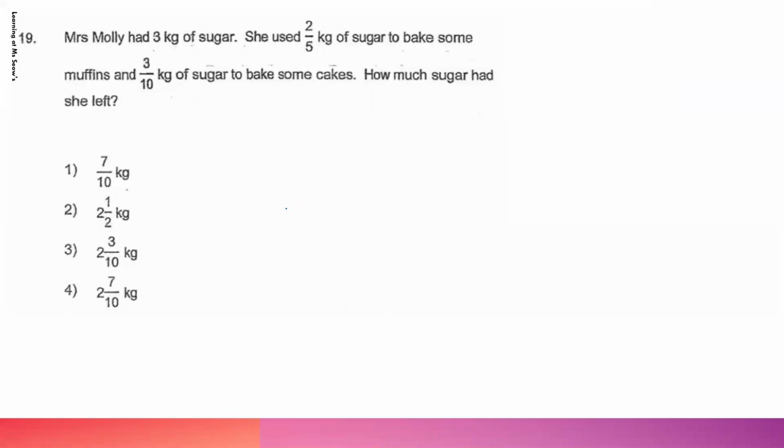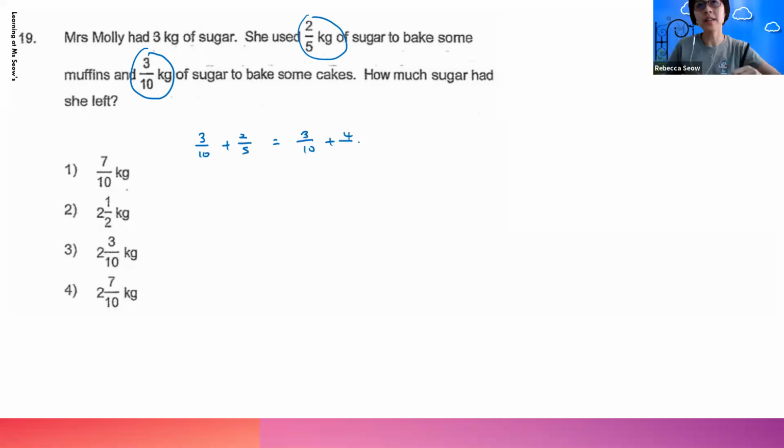3. Yeah. Okay. 3 also. Answer is 3. Okay. All right, let's take a look and see. Or maybe any one of you would like to share this? Because she used 2/5 kg of the sugar and 3/10 kg, since both have the units, they are also referring to 3 kg. So 3/10 kg plus 2/5 kg, which also equals 3/10 kg plus 4/10 kg is 7/10 kg.